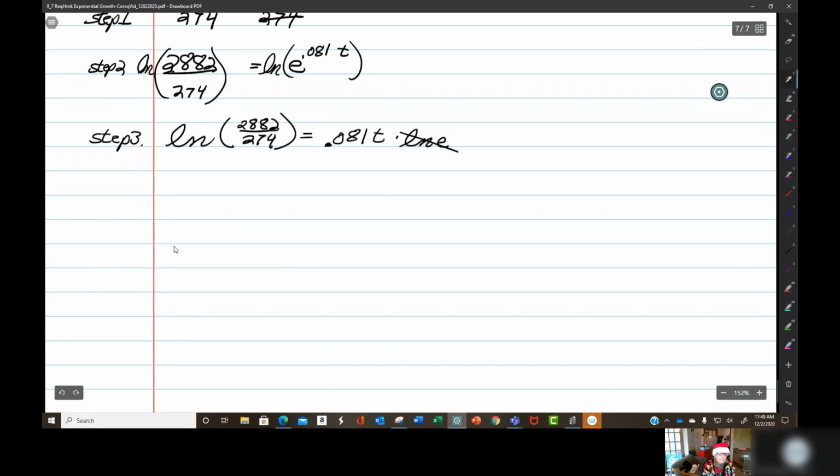And then step 4, we're going to divide all this stuff by 0.081. So the ln of 2882 over 274 equals 0.081 t over 0.081.